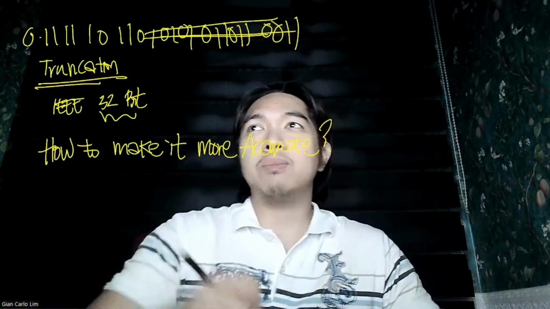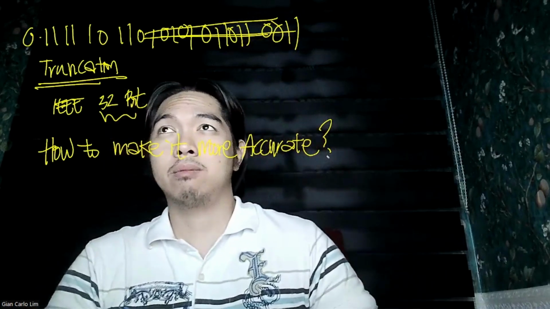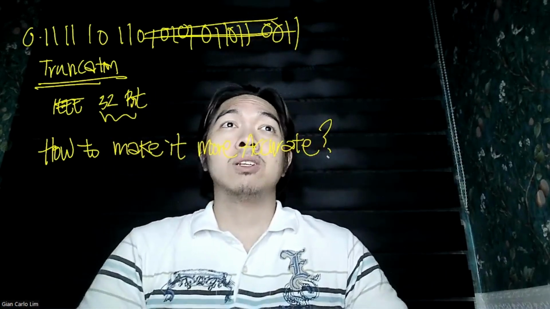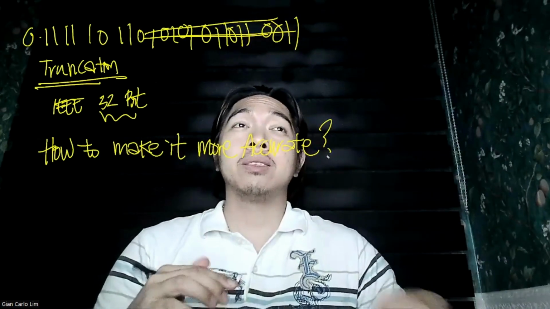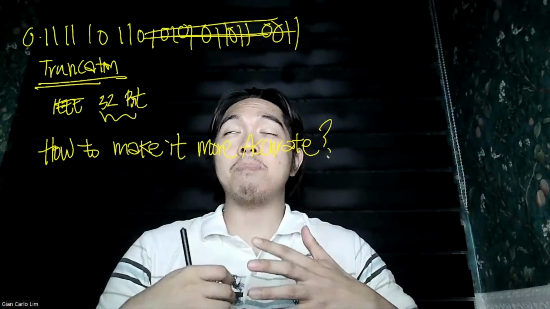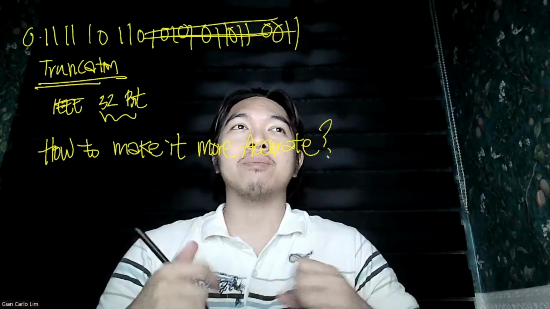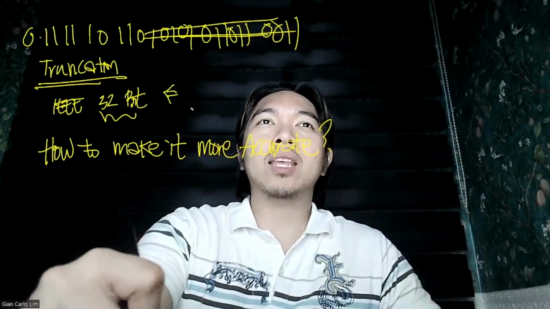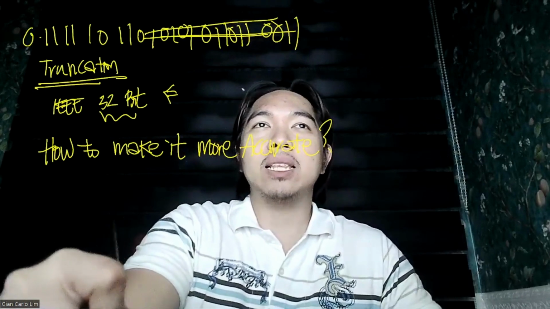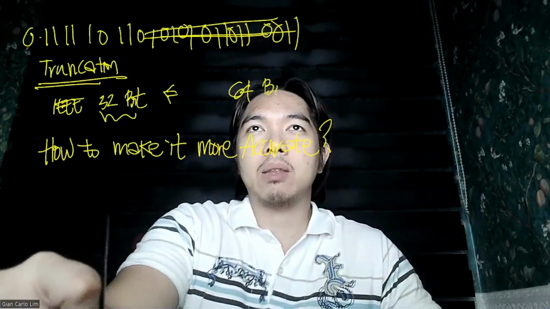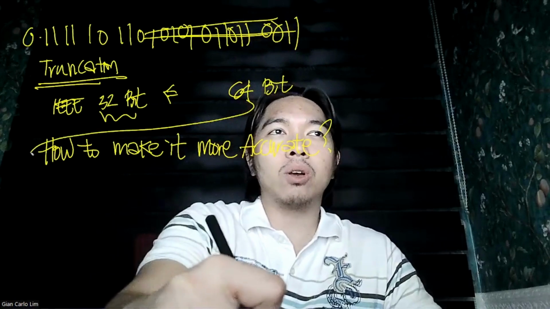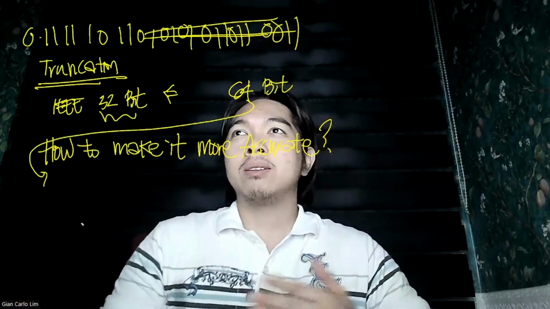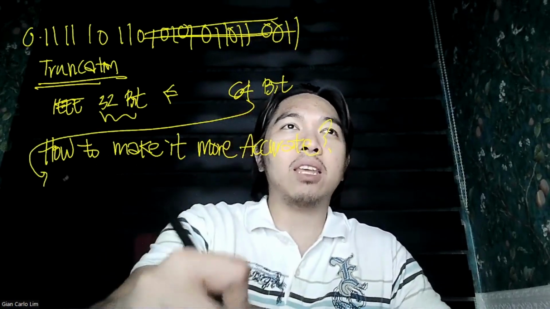Paano natin siya magagawang mas accurate? Ang kasagutan dyan, dinevise ng mga past engineers or mga past computer scientists natin, na kung hindi sapat si 32-bit, why not represent it sa tinatawag natin na 64-bit?